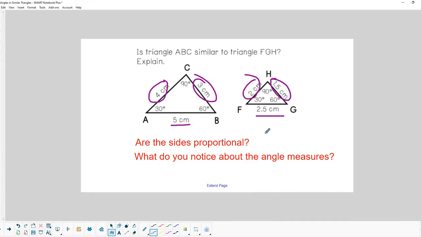So they are proportional, right? So what do we notice about the angle measures? That they are the same. That's interesting, huh? Same angle measurements, even though one of them is twice as big as the other one.